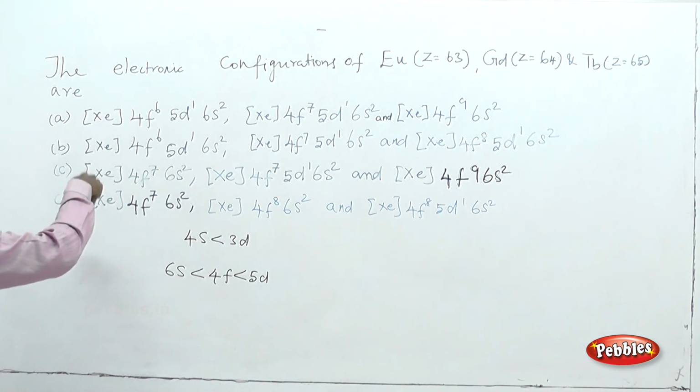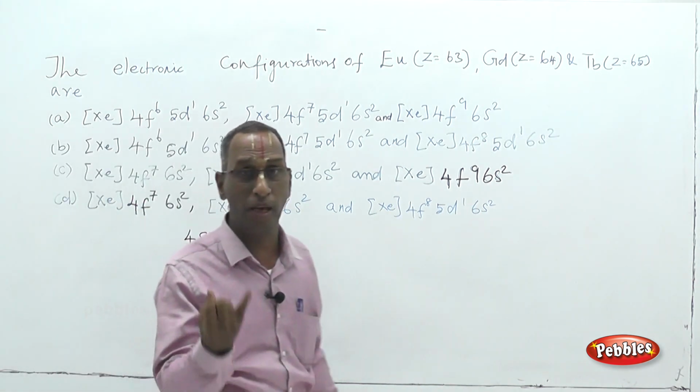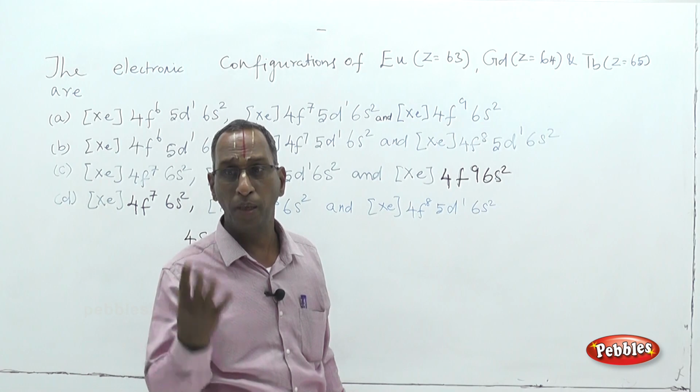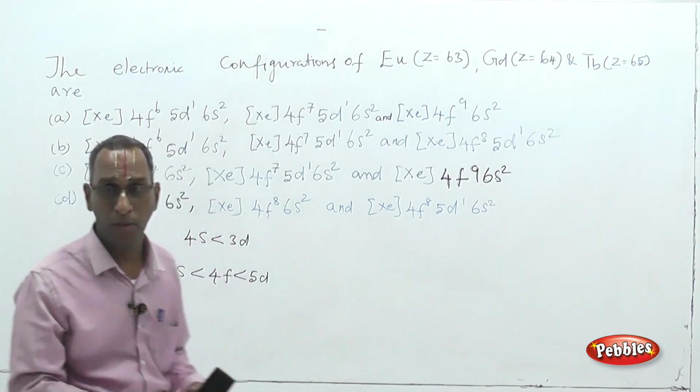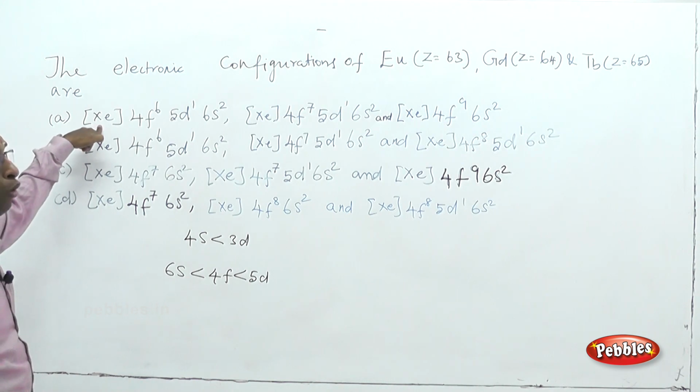Here the electronic configurations are written in terms of the nearest inert gas. The inert gases are helium, neon, argon, krypton, xenon, radon. Xenon's atomic number is 54.